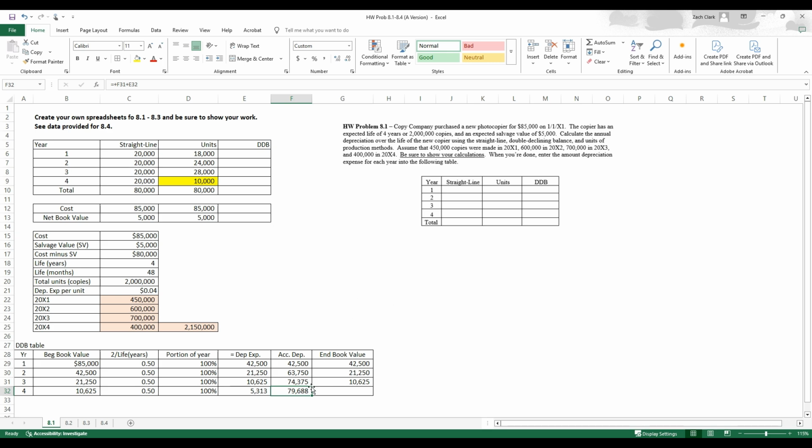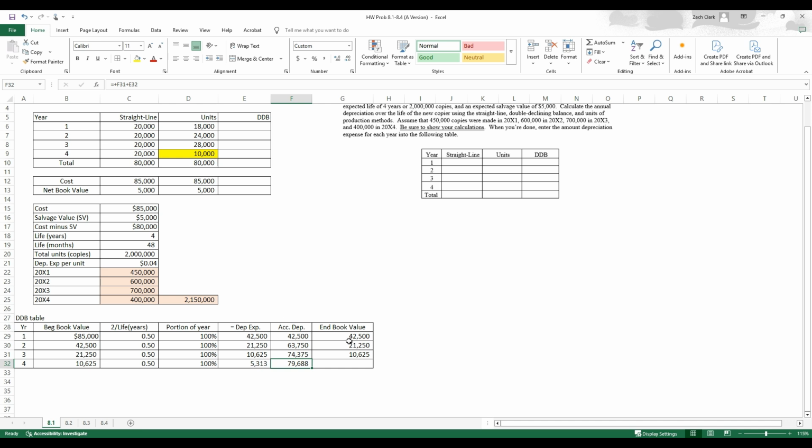And so this is where we have to do some manual adjustments. The way that we can make this work then is to say our depreciation expense needs to be a little bit higher, basically to get us exactly to 80,000. So if we take 80,000 minus the ending there, it gives us 312.5.